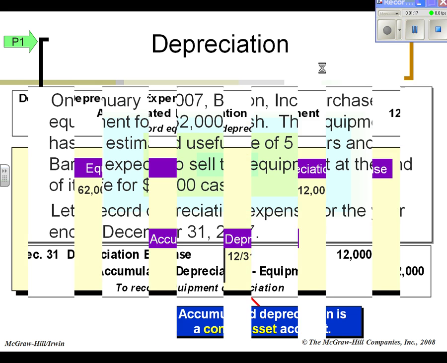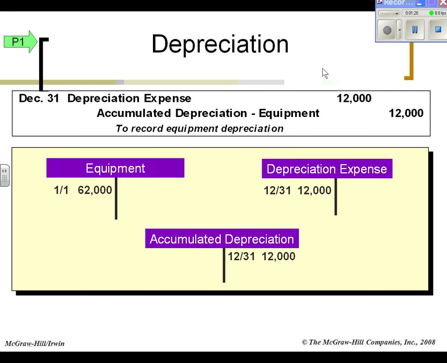Let's continue. All right, let's look at the T account. So there's my journal entry, depreciation expense, and then I credit this contra asset account, accumulated depreciation. So there, the T account, I'm posting this to the general ledger. The original book of entry is the general journal, and then we'll post it to the general ledger.